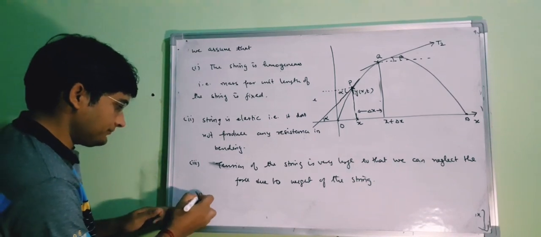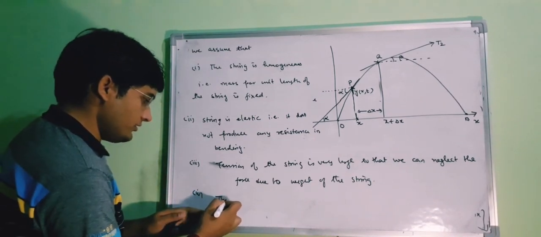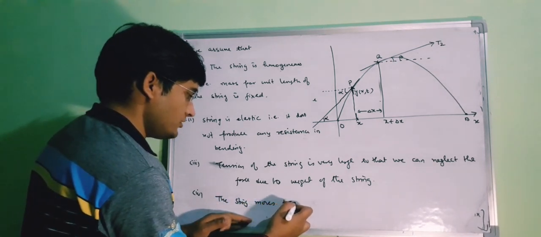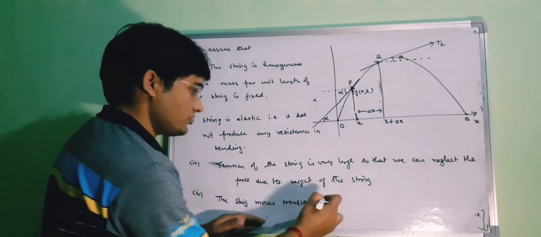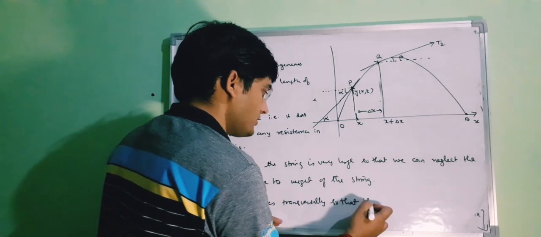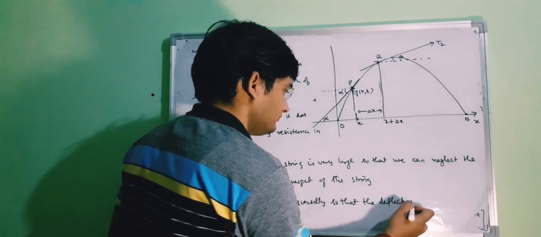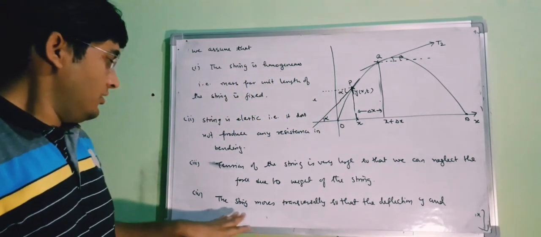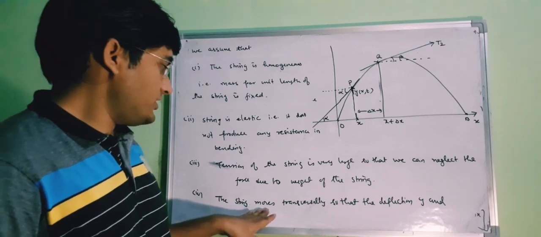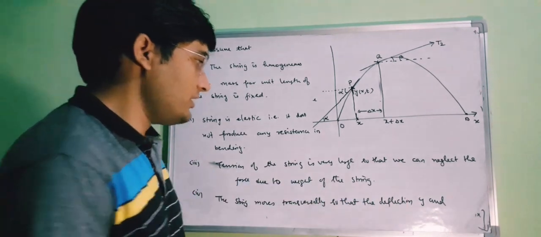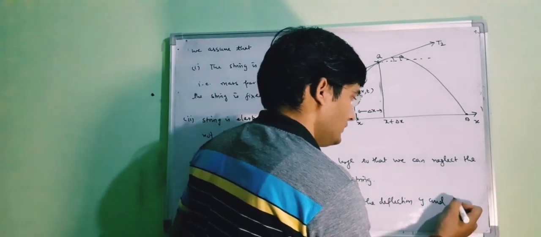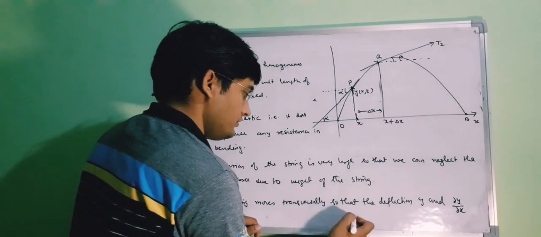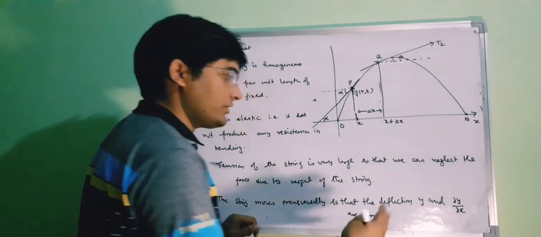And the fourth point: the string moves transversely so that the deflection y and del y upon del x, that means the slope, are small, so that we can neglect their higher powers.